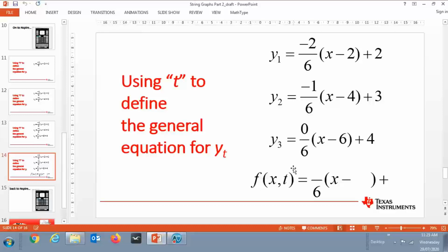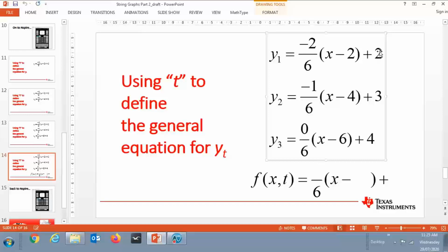Well, I'm hoping that with just this little bit of time left, that you have already been able to see what's happening. Take a look at the number that's hanging out here, 2, 3, and 4. They come from equations 1, 2, and 3. It looks like this number is one more than the value down here, which remember is what we're going to be calling t.